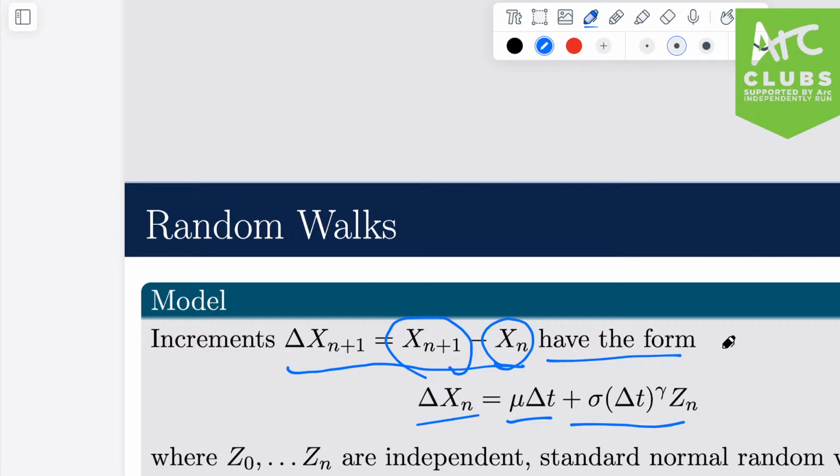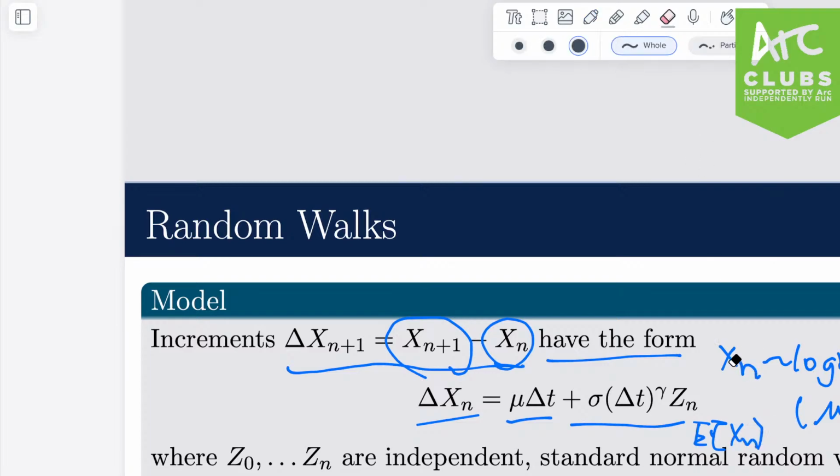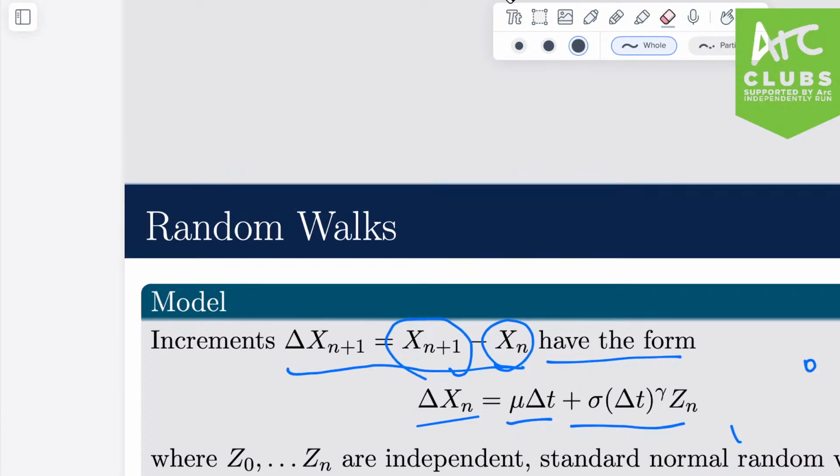So basically, xn is our stock price, and by assumption, we assume that xn has a log normal distribution, with parameters mu and sigma squared.